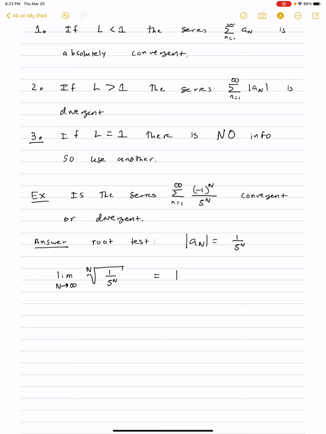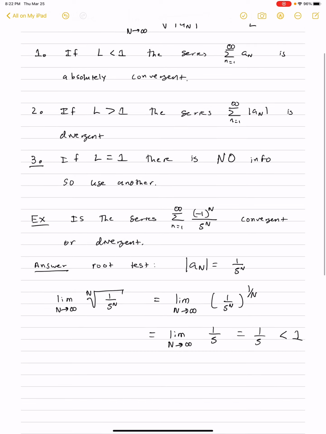Well, remember the nth root is the same as to the power of 1 over n, and then I have 5 to the nth power, so they're going to cancel each other out using the properties of exponents. So this will be 1/5, and our final answer for the limit is 1/5, and this is less than 1. So we're in case 1 at the top here.